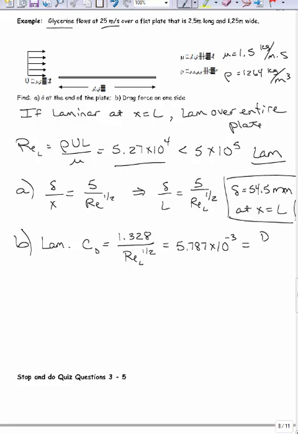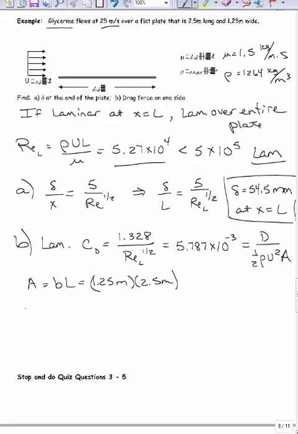And that is going to be drag over 1/2 rho u squared A. Again, A for this is going to be your width times your length, which in this case is 1.25 meters times 2.5 meters.